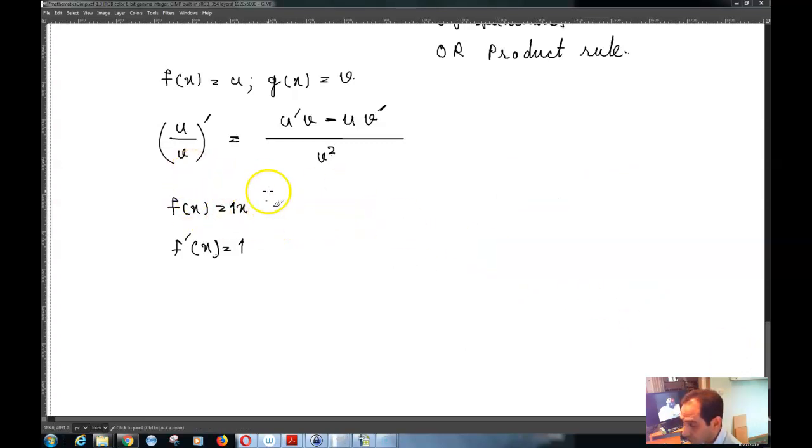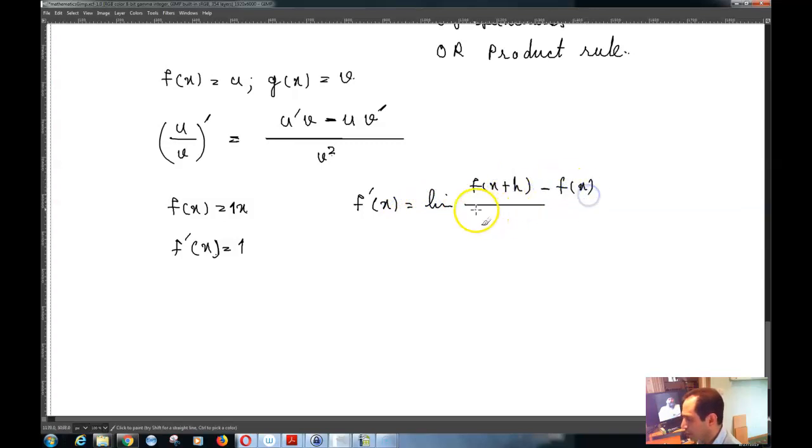Moreover, if you wanted to find the derivative of this function, we said that f prime of x is equal to the limit of f of x plus h minus f of x over h as h tends to 0. So f of x plus h over here would be simply x plus h.